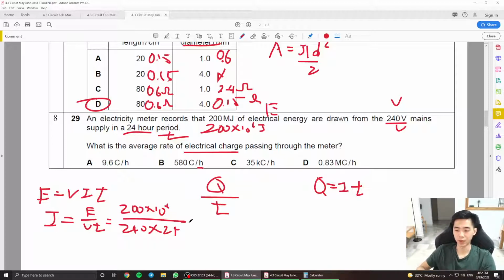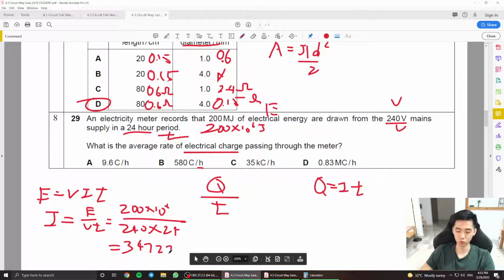Then after that, this answer here, I'm supposed to divide it by 24 as well, which is going to be wrong. Oh, and times with 24. Oh, yeah, okay, sorry. This answer here, I'm supposed to get 347.22 as my I. Then this 347.22, I'm supposed to times the time, which is 24.